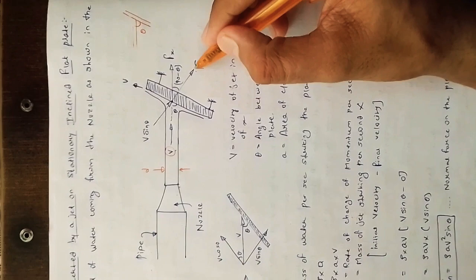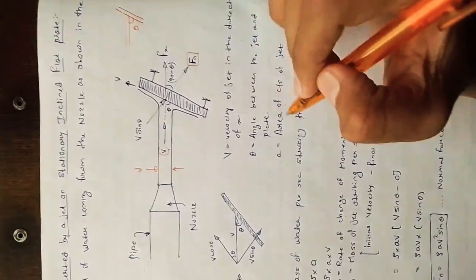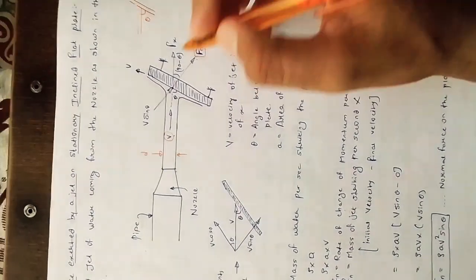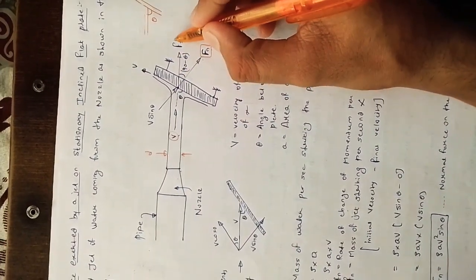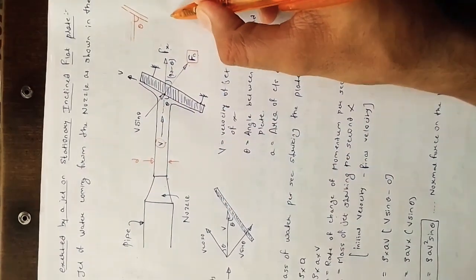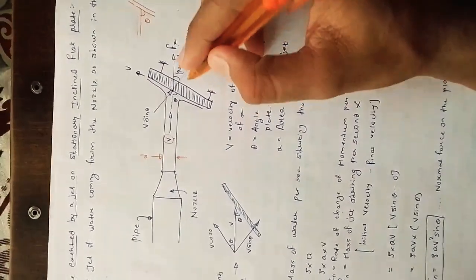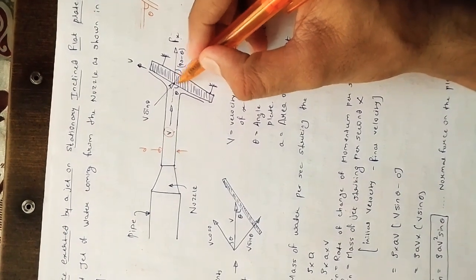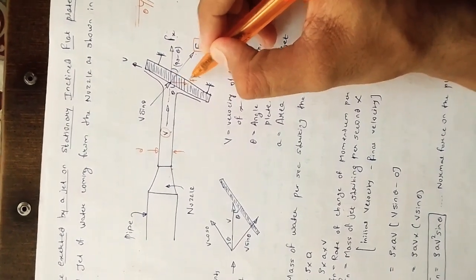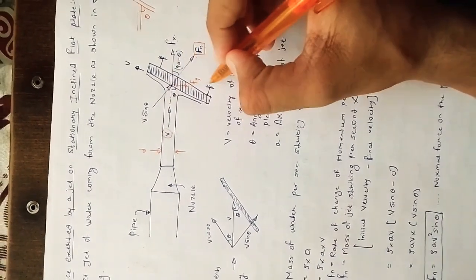At this point I have given the arrow downward. This F1 is the normal force, this is Fx, the force exerted in the direction of the jet, and if you want, you can also give Fy, the force exerted by the jet in the y direction.